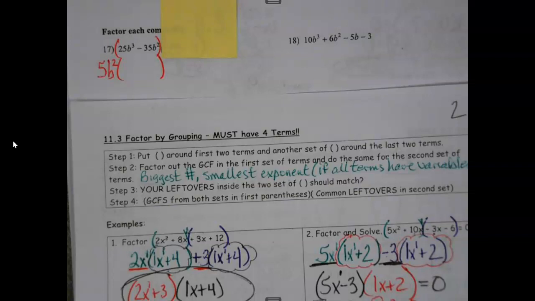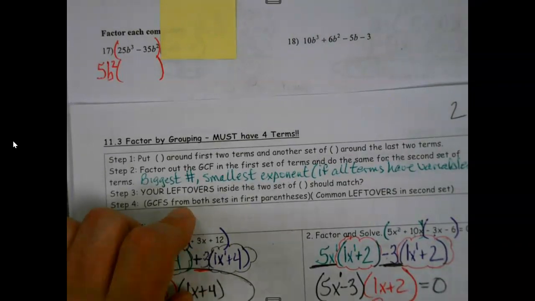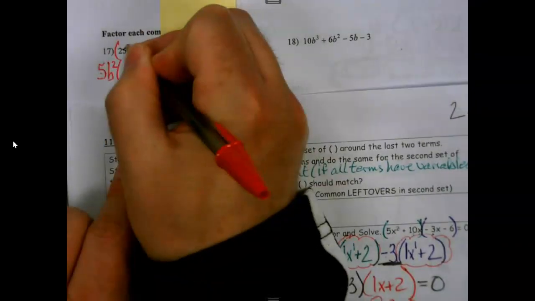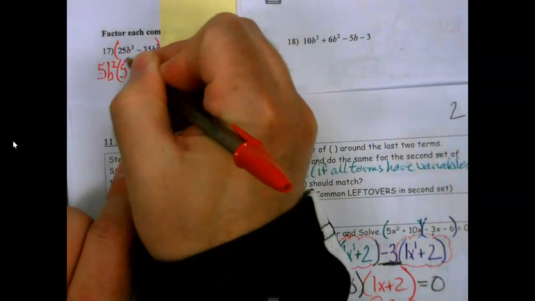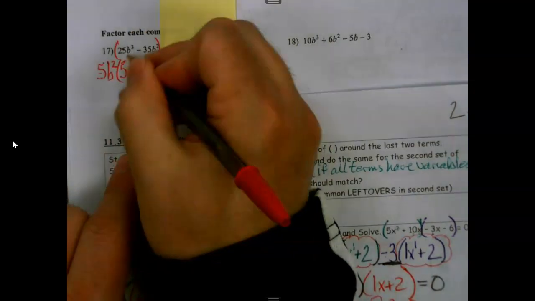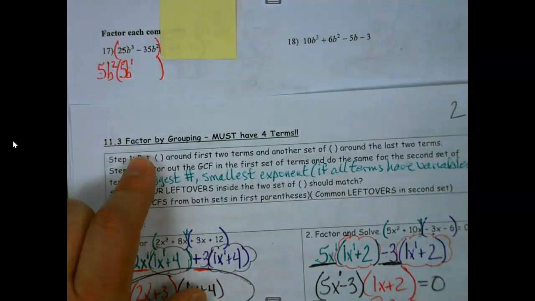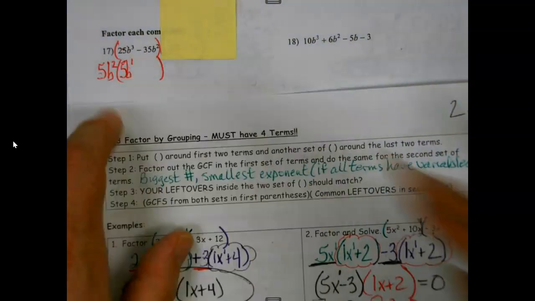And so once I pull out that greatest common factor, now we're just going to do division. So we divide the bigs. 25 divided by 5. Calculator, if need be, is A-okay. Subtract the exponents. 3 minus 2 is 1. Okay. Divide the bigs.